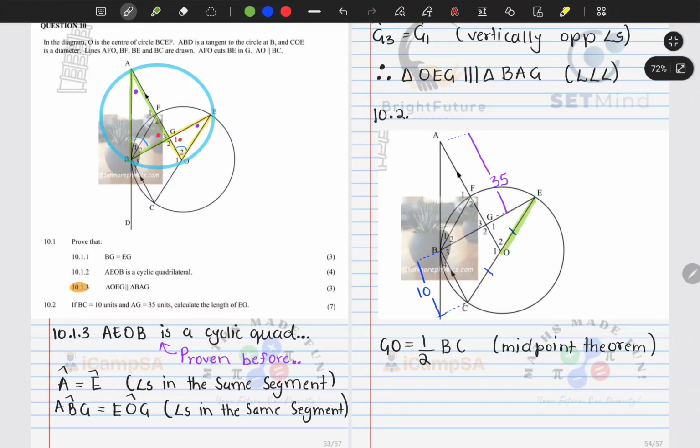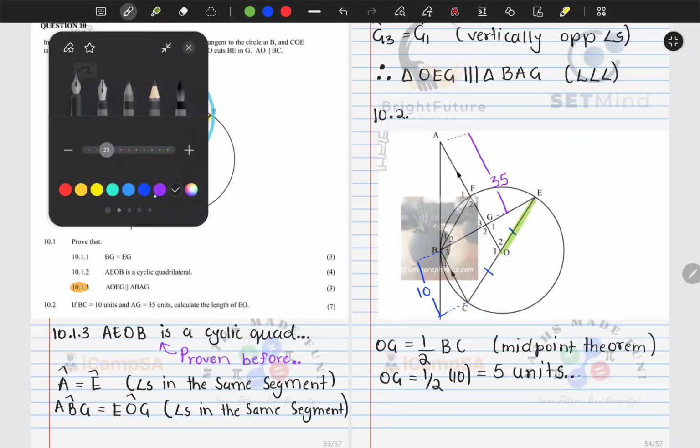Which means our OG will simply be half of 10, which will be 5 units. So for OG we now have 5. Let's put in our 5 here.